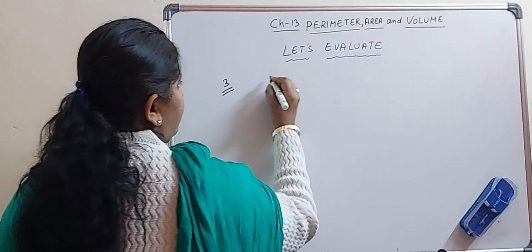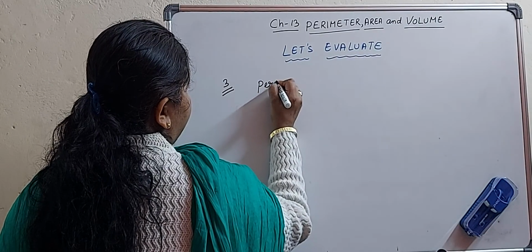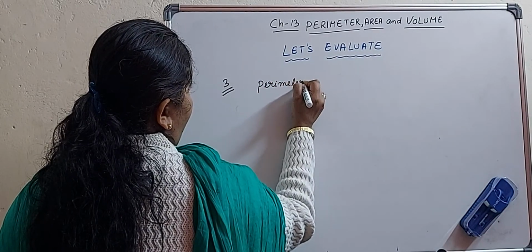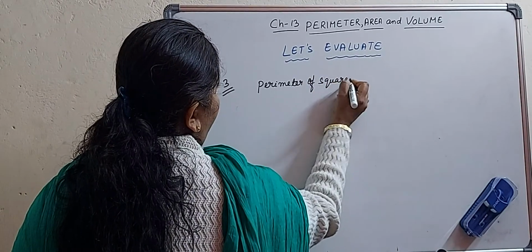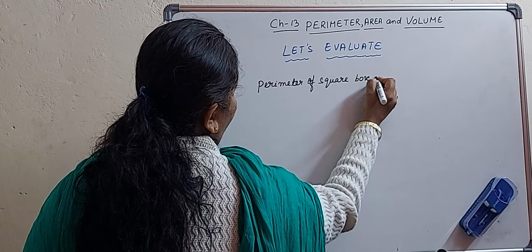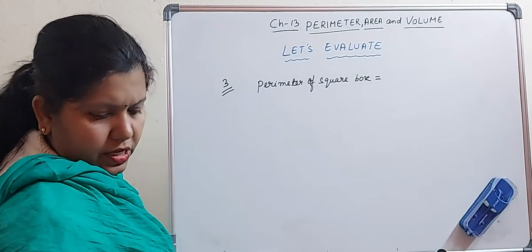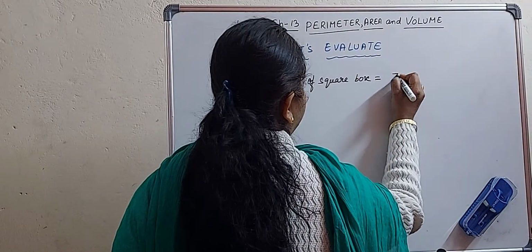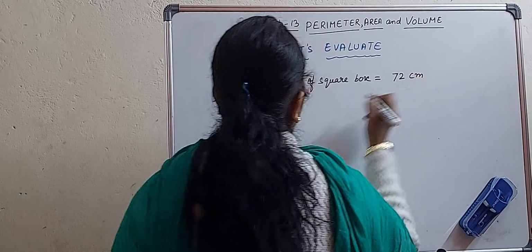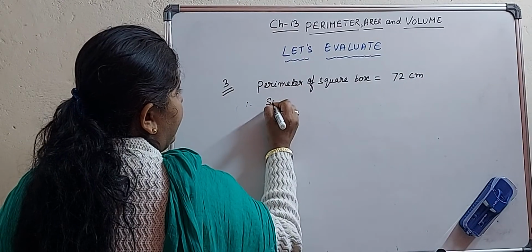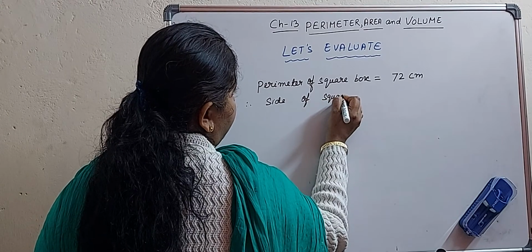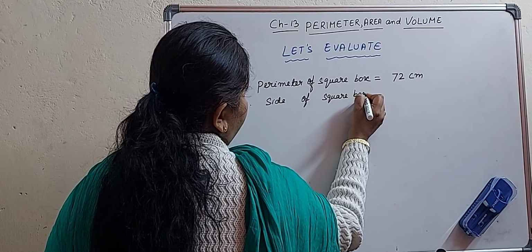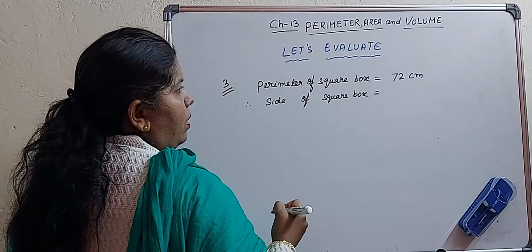Okay, so you write here perimeter of square box equal to 72 centimeter. This is given to you. Therefore, side of square box is equal to 72.